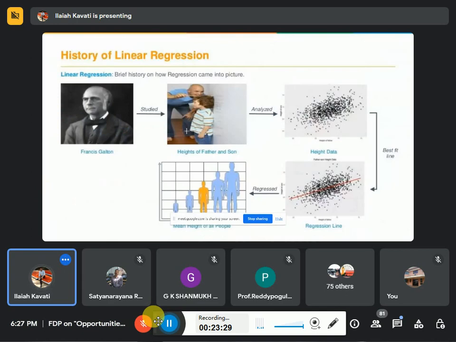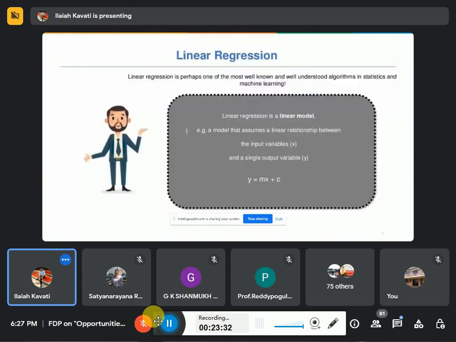Now coming to linear regression, you can see here that y increases linearly with x. So this is a linear model; y is linearly dependent on x.